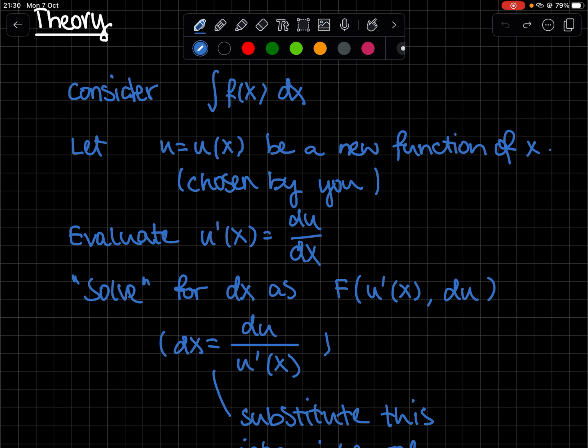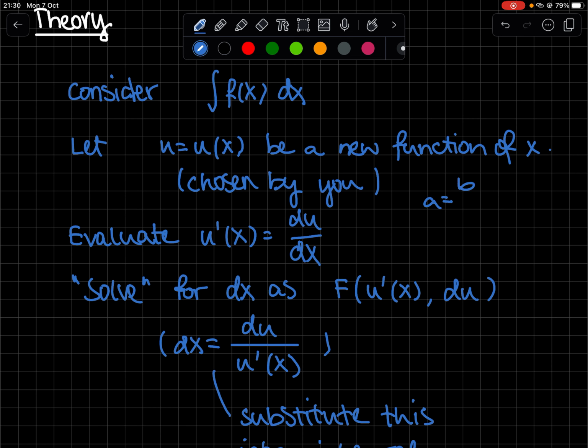So after you've chosen your function u, you have to evaluate u dashed of x, which is essentially du by dx. And then you'll have an equation like this, and then you have to solve for dx, and you express dx as a function of u dashed of x and du.